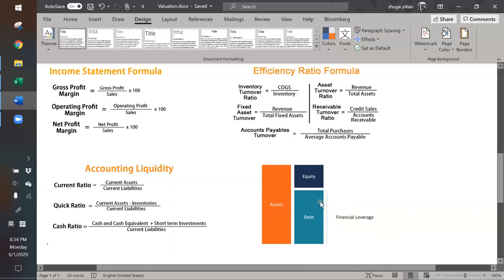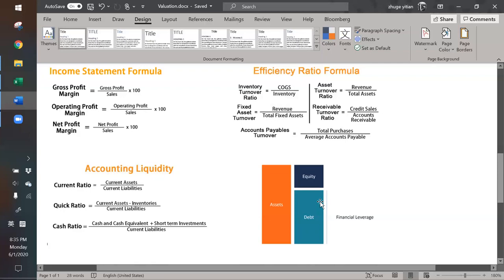During COVID-19, we know a lot of restaurants have been closed. Those small businesses don't have any cash flow, but they still have to pay bills. They have to pay the rent, and they have to pay interest expense or pay down the debt that they borrowed from others. If they don't have any cash in their deposit accounts, and if they cannot borrow any more money from banks, they will be insolvent.